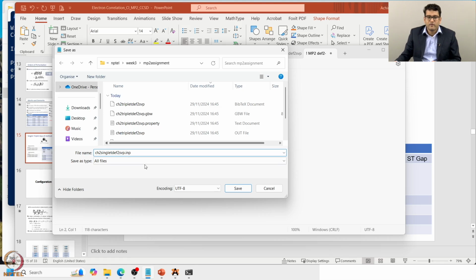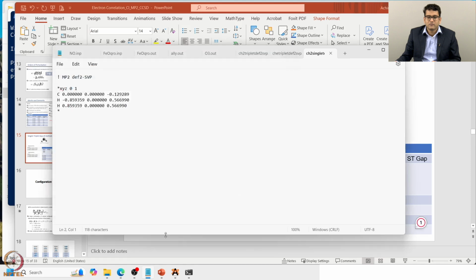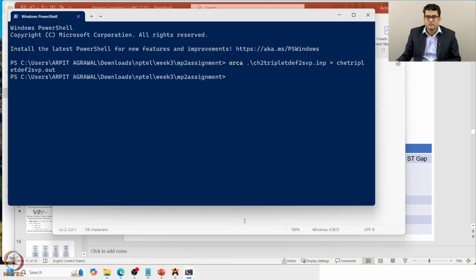Save it as an input file: CH2 singlet def2-SVP.